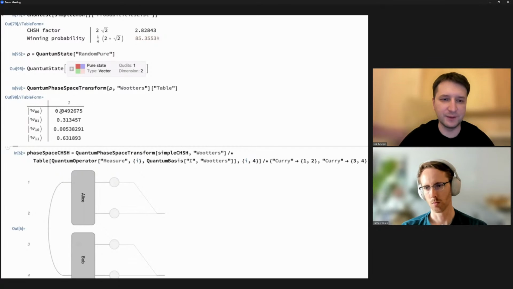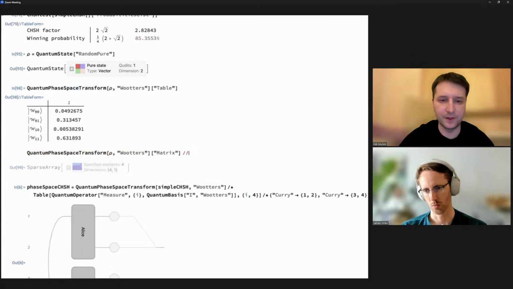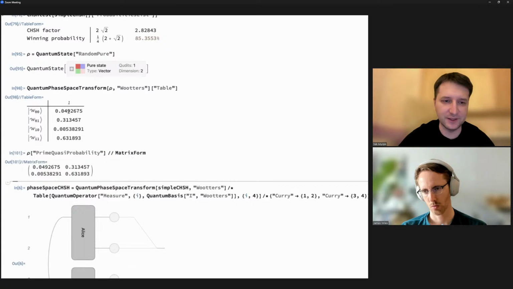So the point is, if you look at it as a matrix like this, not like this, maybe. I need to reshape it. Actually, I think I have a property that does exactly this. I call it prime quasi-probability. So it's a matrix like this. It contains the same numbers, as you can see.